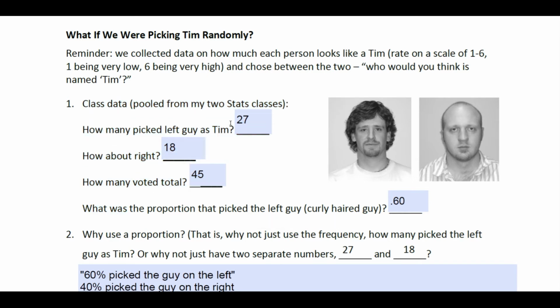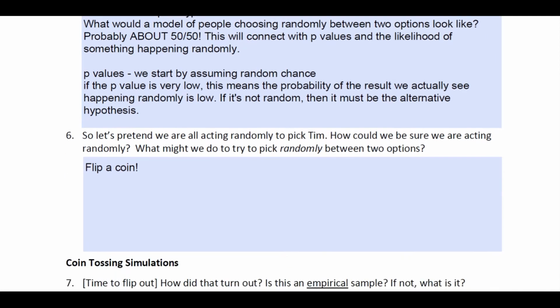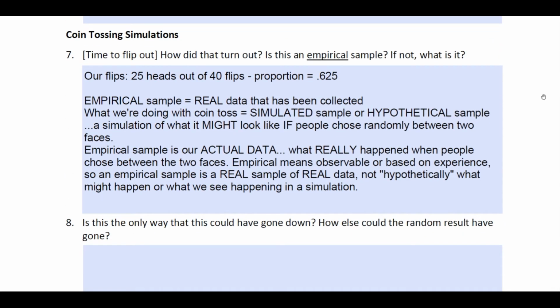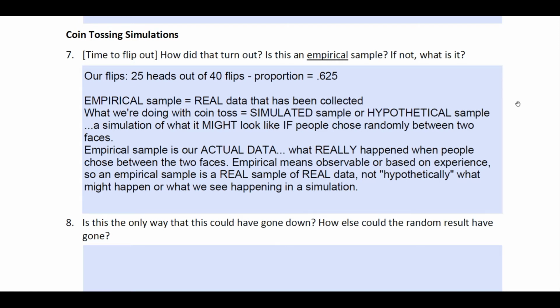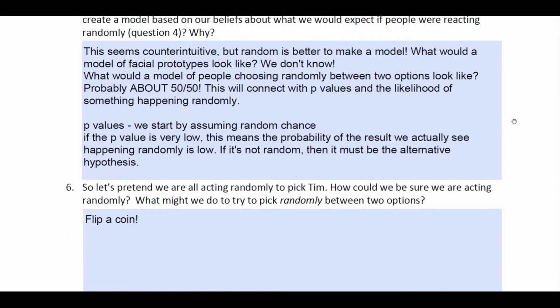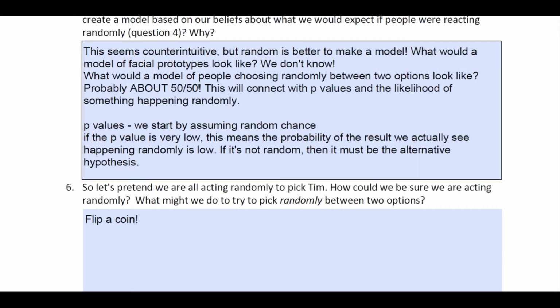So in this case, our empirical sample is the data that we see in question 1. The empirical sample is where people really voted, and we saw that 60% voted for the guy on the left. When, as a class, we flipped pennies and counted up, we got 62.5% for the left based on our simulation. So again, this shows us that it doesn't always come out exactly like our model predicts, right?